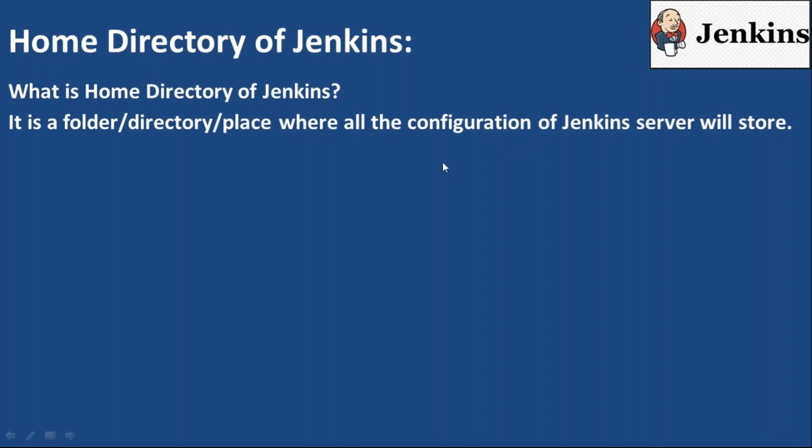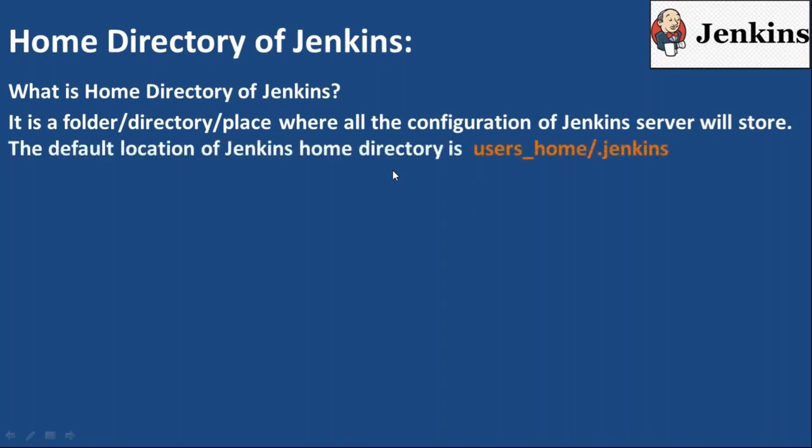Suppose we run our Jenkins server, by default the location of our Jenkins home directory is under the particular user's home, the user home. There it will create a hidden folder, .jenkins. Here the user may be root or sometimes any particular user.